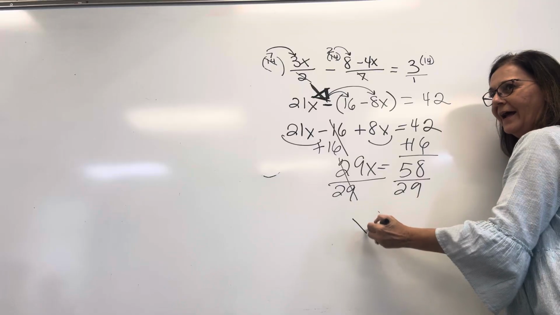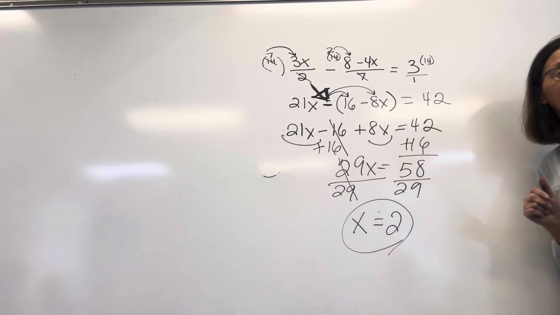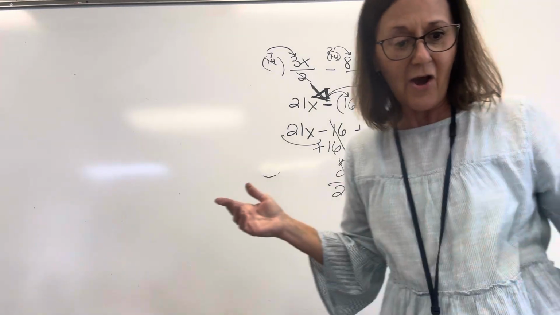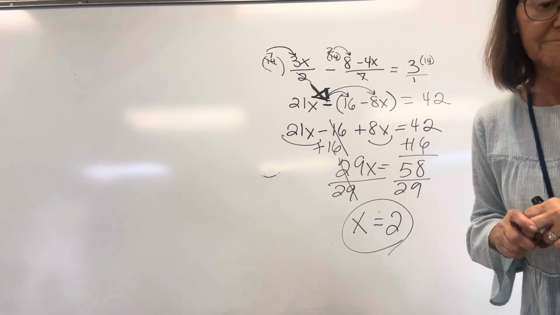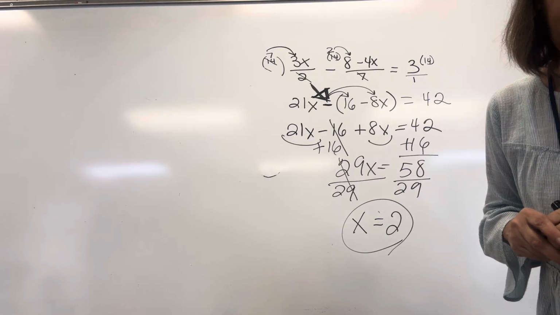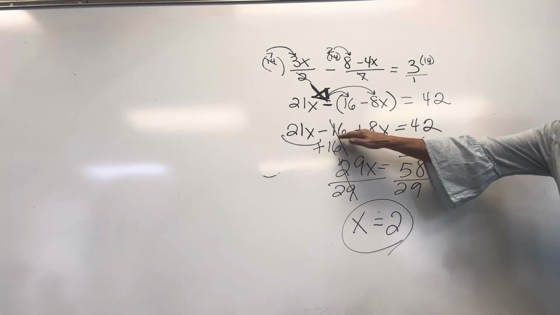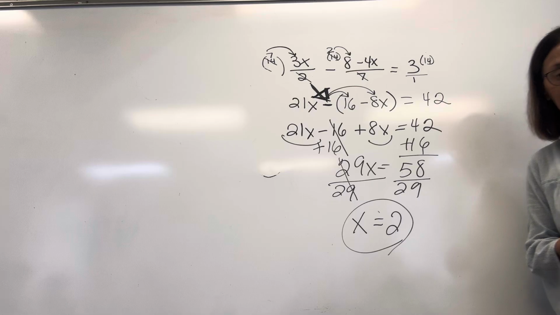Divide by 29, what is x? 2. I actually made the problem better by subtracting, didn't I? I bet they had a fraction. No, they got 2 as well. How did they get 2? Oh, it was plus 16 minus 8, which, okay, we got the same answer.